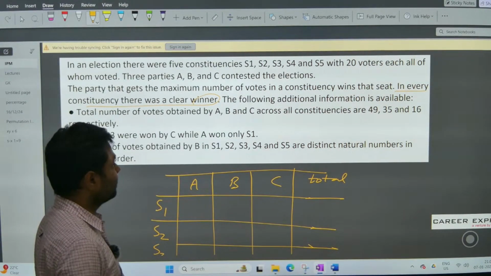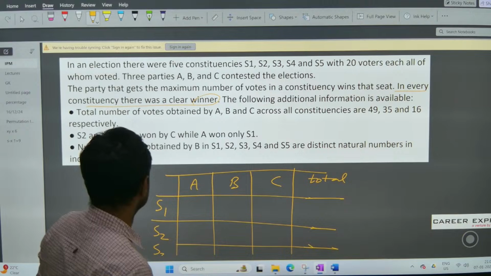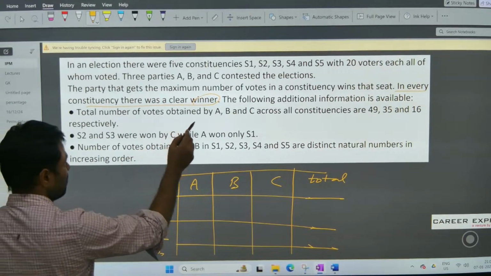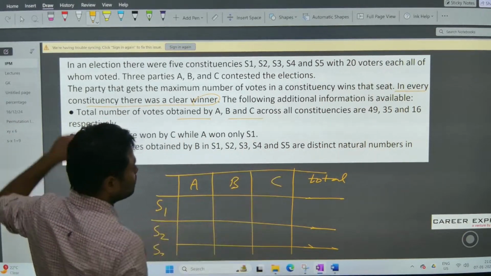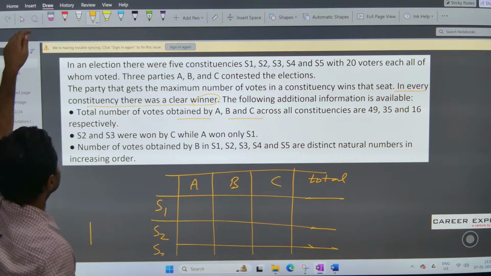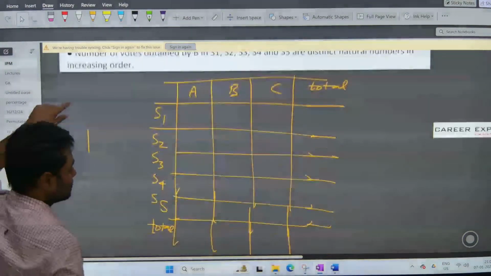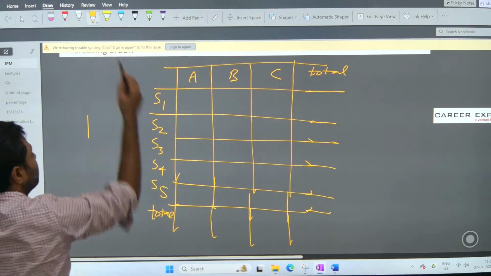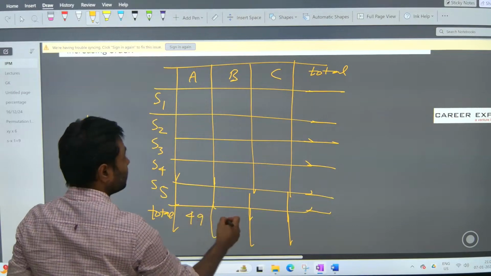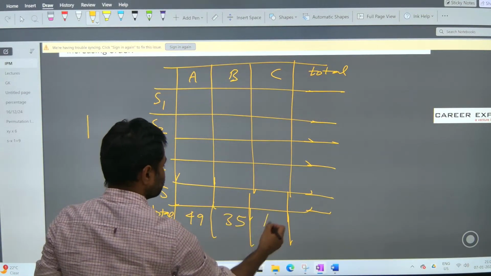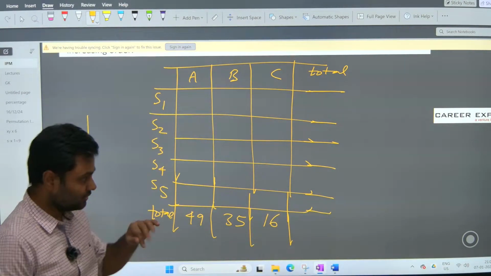Okay. The next point is the following additional information is available. The total number of votes obtained by A, B and C across all constituencies was 49, 35 and 16. So A got 49 votes, B got 35 and C got 16 votes. Okay.